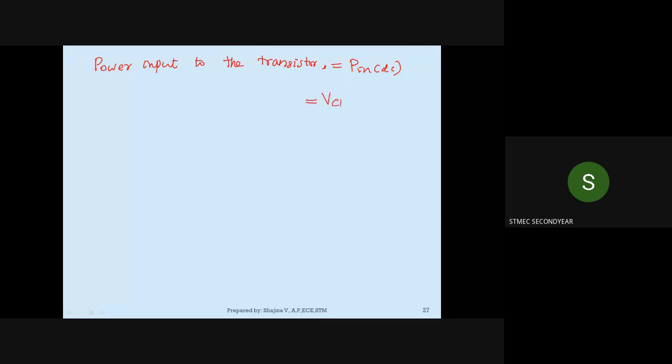Actually, it is VCEQ into ICQ. This is the power input to the transistor. But since this VCEQ is equal to VCC, I can say the DC input power to the transistor is equal to VCC into ICQ.